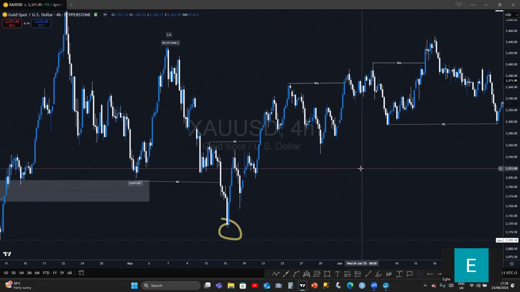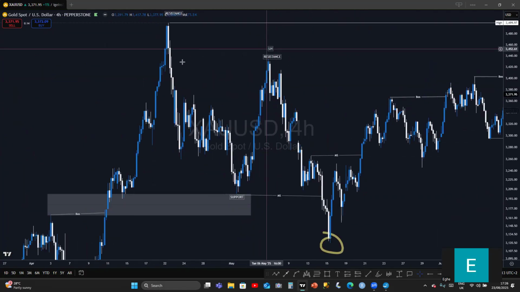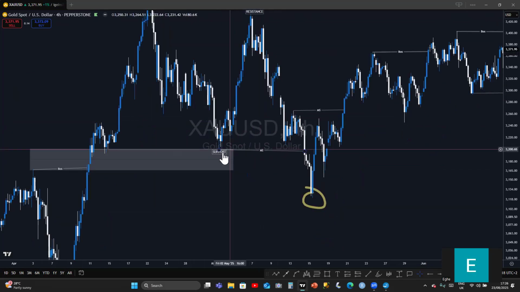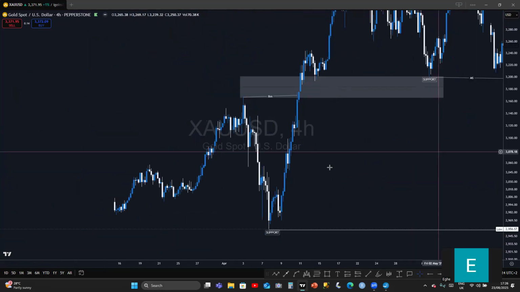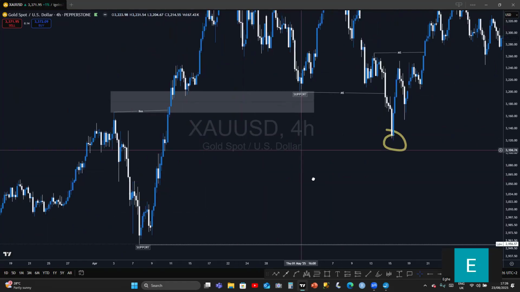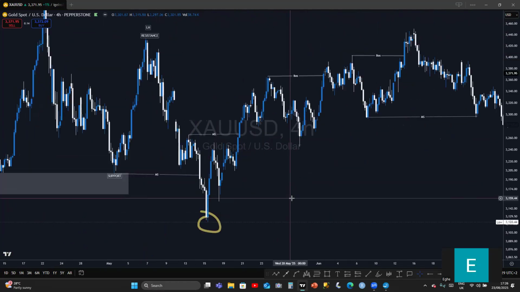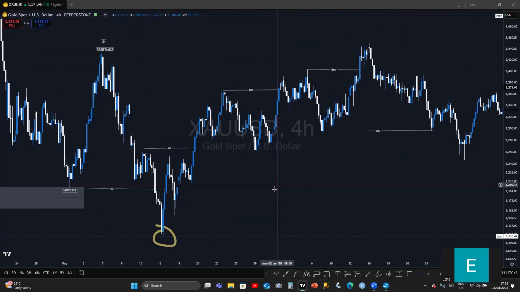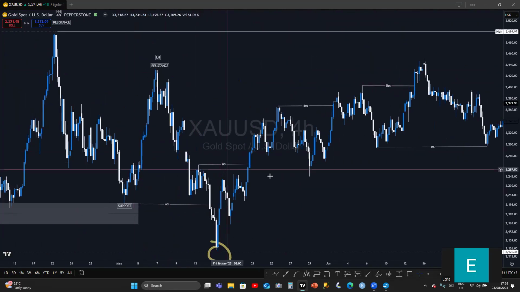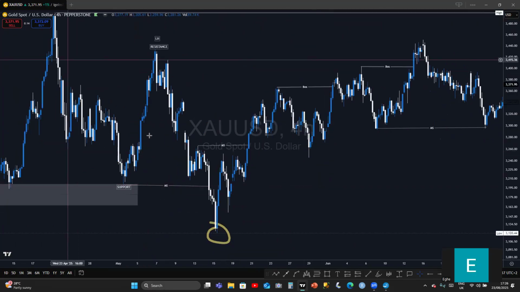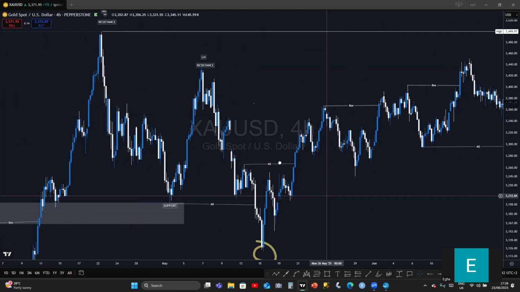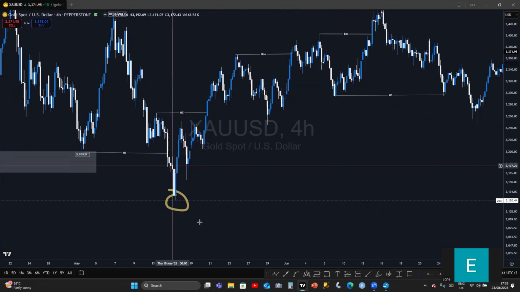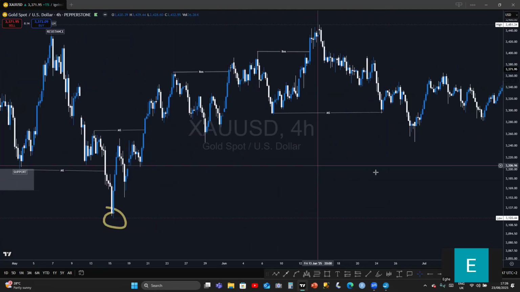Now that we have stopped here, at least you should be able to tell me what a support level is, what a resistance level is, what a break of structure is all about, and how to identify a bullish trend and a bearish trend, and at what point you will say that a market shift has happened. A market shift has happened means a bullish trend has now changed to become a bearish trend, or a bearish trend has now changed to become a bullish trend.